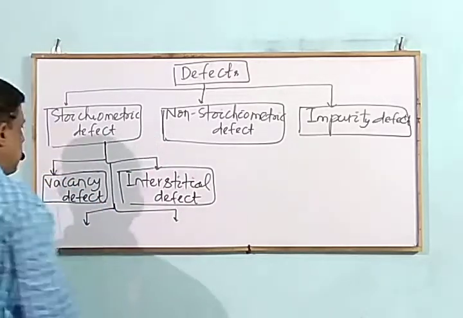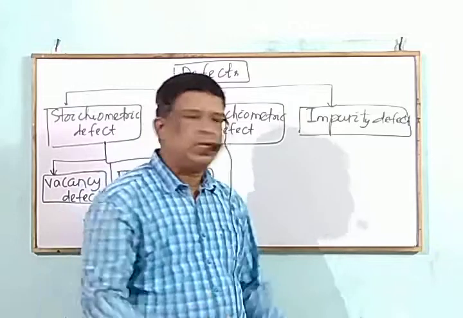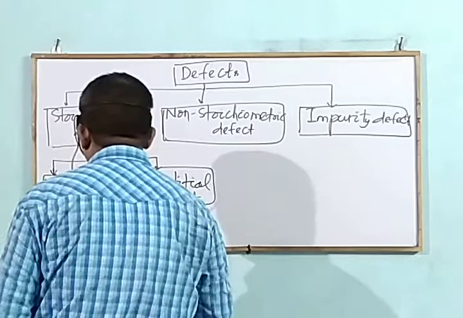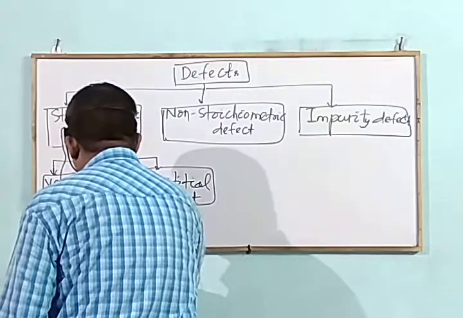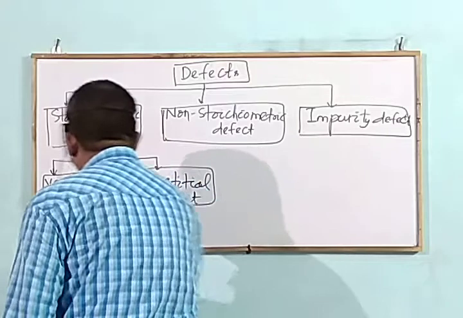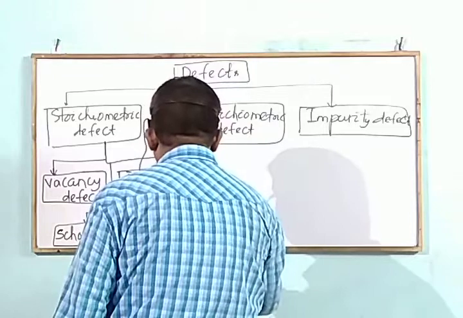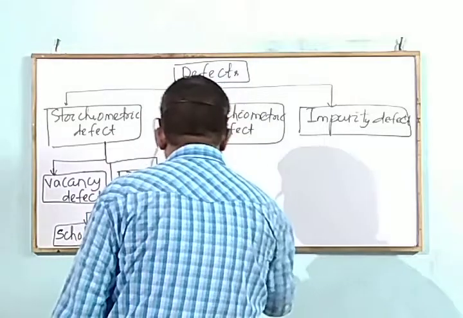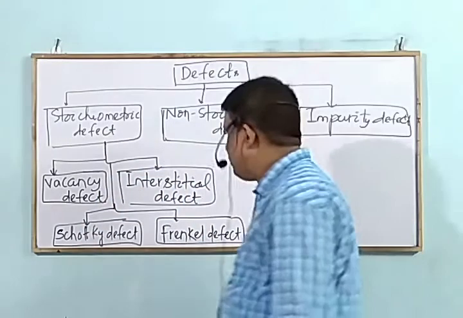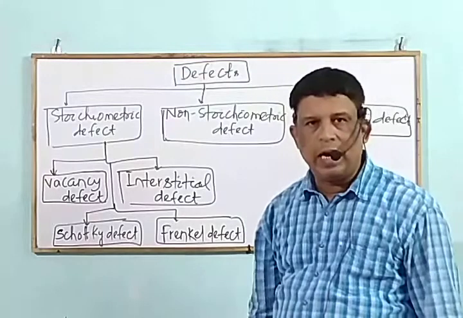But if we discuss ionic solids, the stoichiometric defect is of two types: one is Schottky defect and one is Frenkel defect.